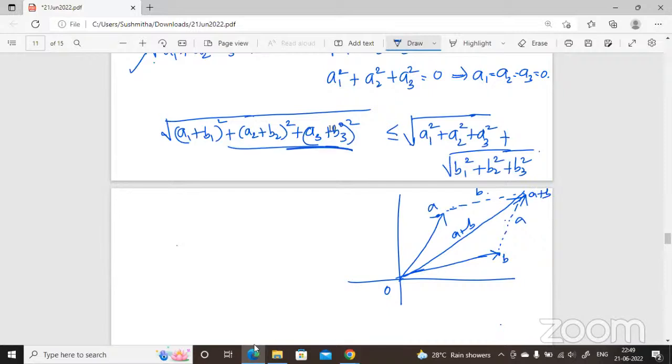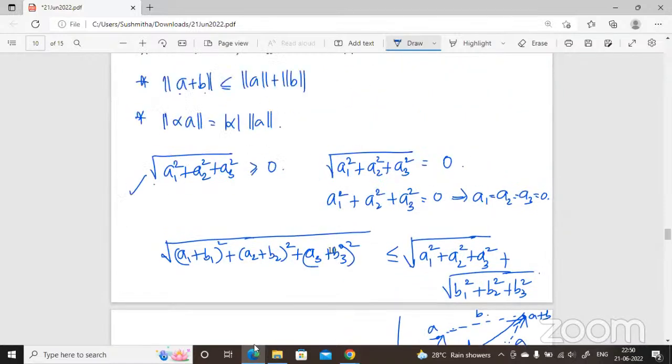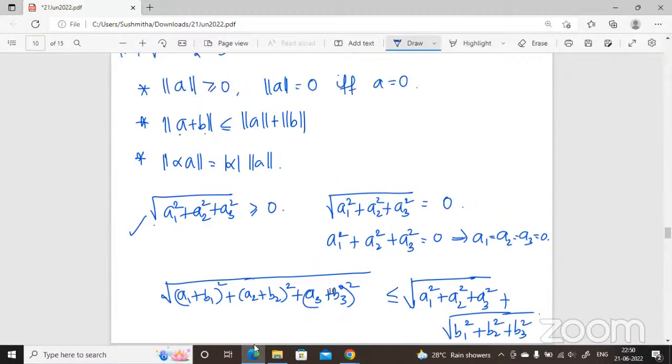So what this says is the distance of this point from the origin is always going to be less than or equal to the sum of these two distances. The triangle or the parallelogram or whatever. So for this particular function, using the triangle law or parallelogram law, you can prove the second condition.